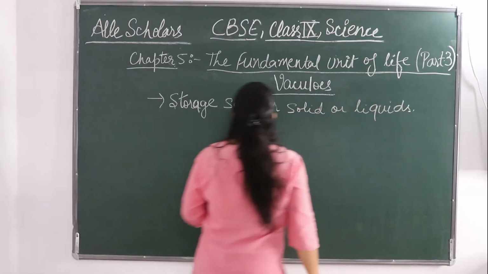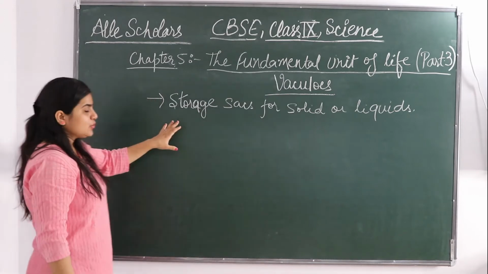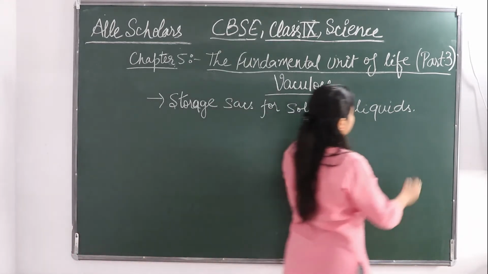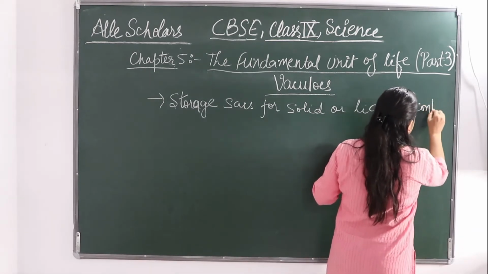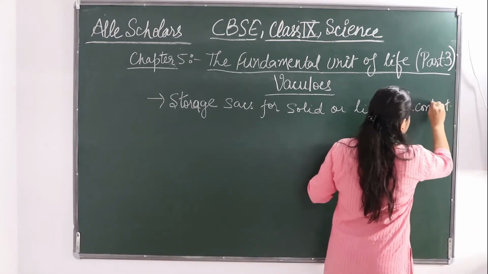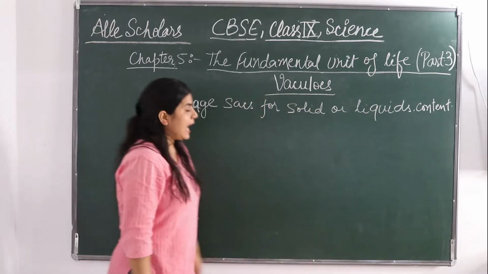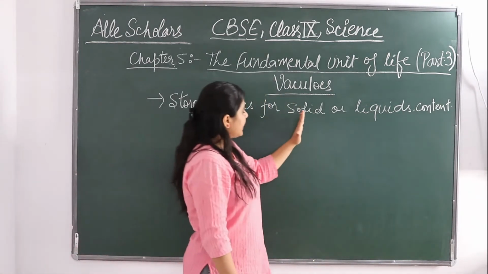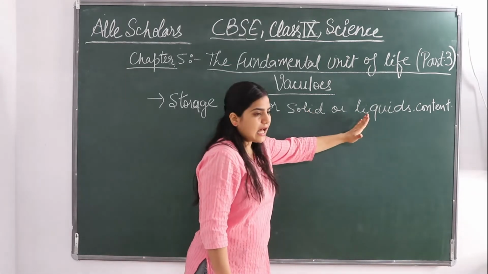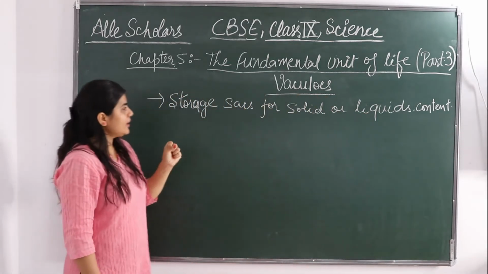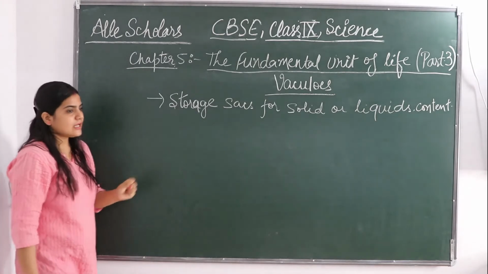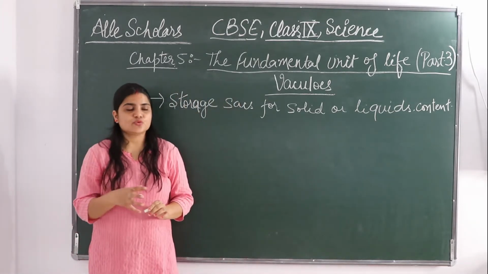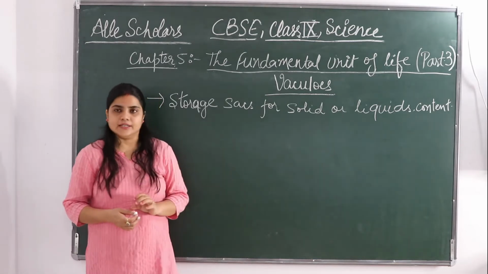What does this mean? It means that there is a place where cells can store their solid and liquid contents. So a vacuole is a place where cells can store their solids and liquid contents.